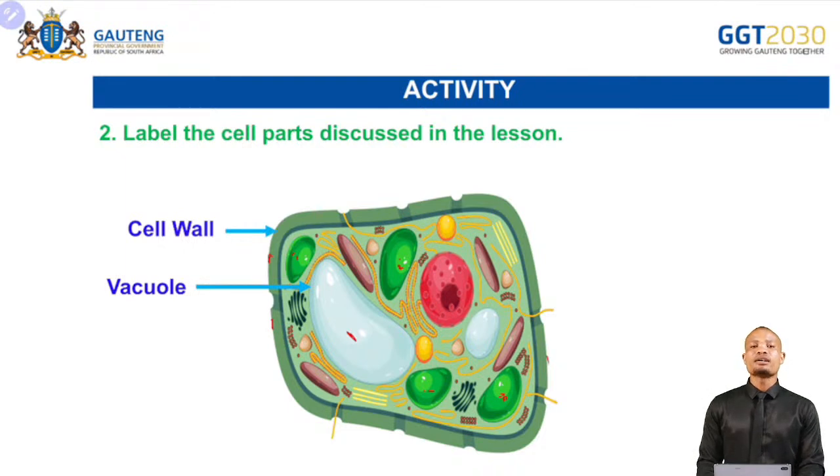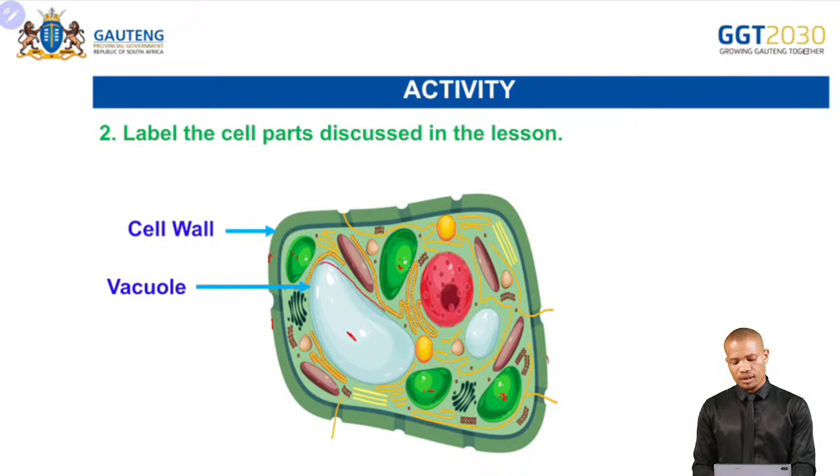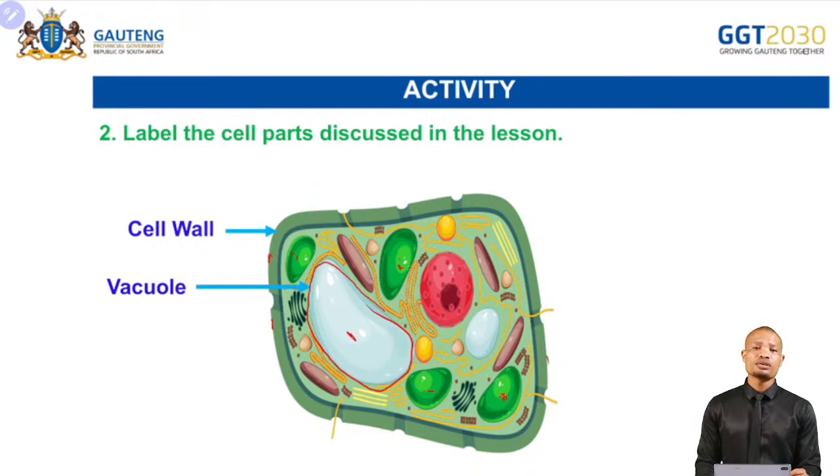We have large vacuoles. Okay, this is the vacuole. And what's the function of the vacuole, by the way? It is used for storage. Yes, that's correct. And the cell wall, it protects the cell. Okay, it makes it more rigid. Right, what else can you see?